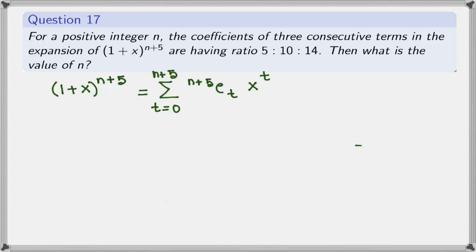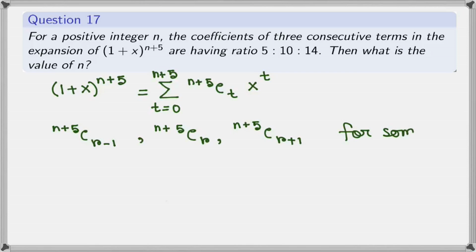Now from this binomial expansion, it is very evident that three consecutive terms will be having coefficients in the following form: (n plus 5) C (r minus 1), (n plus 5) C r, (n plus 5) C (r plus 1) for some r which is strictly bigger than 0 and strictly less than n plus 5.